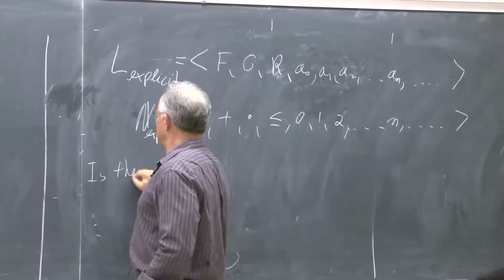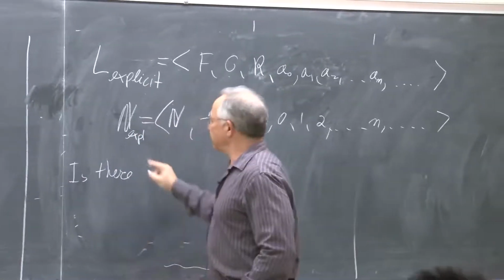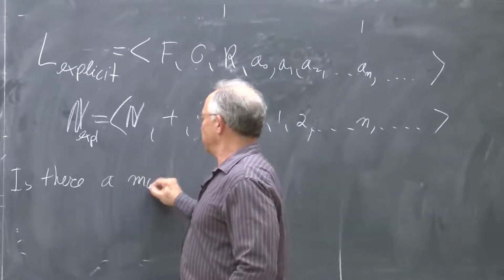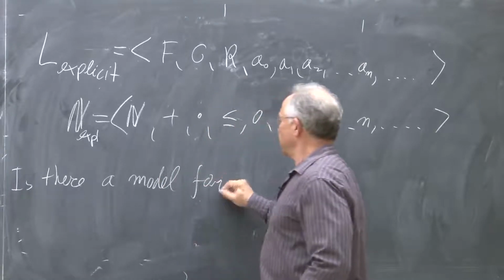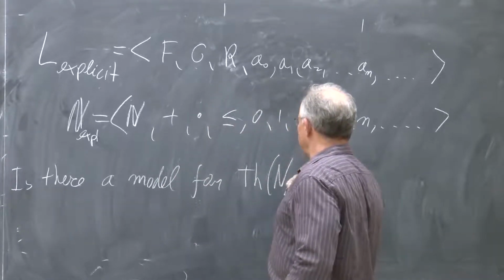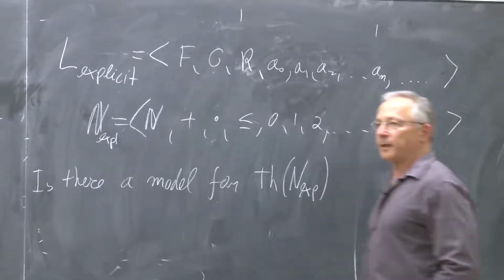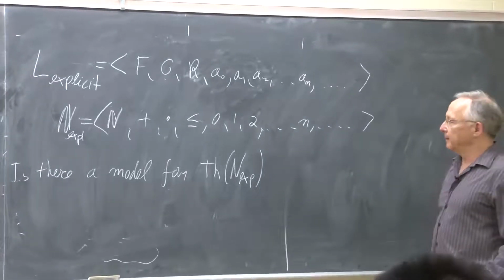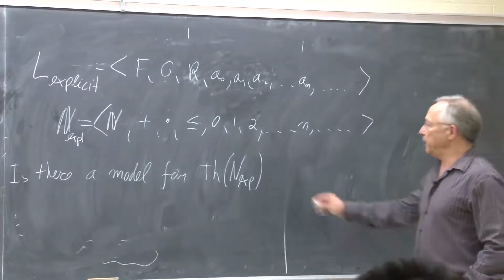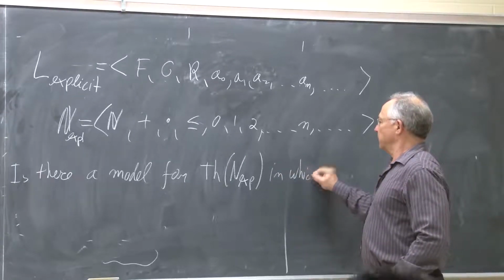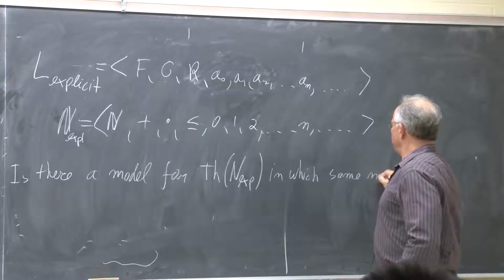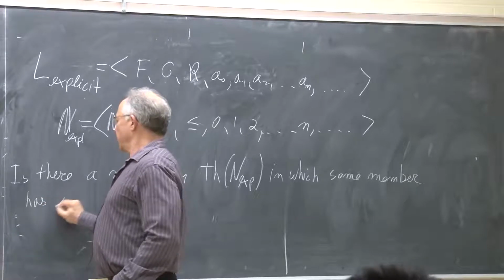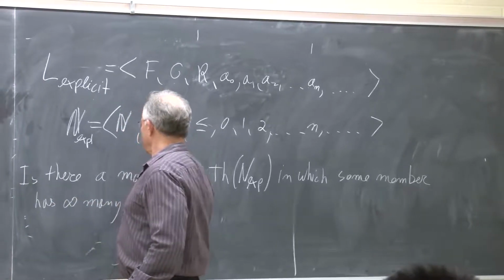Is there a non-standard model for N explicit? That is, a model for the theory of N explicit in this big language that has a name for every guy, in which some member has infinitely many predecessors.